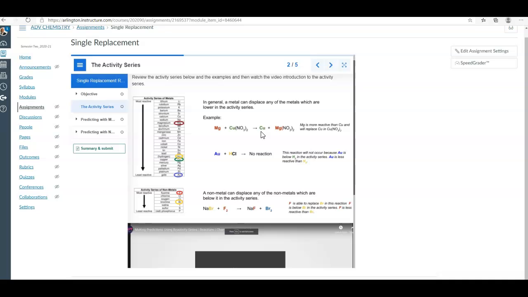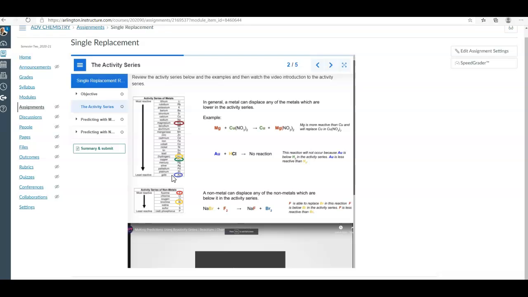Now, when you compare it to the second reaction, you could see gold reacting with hydrochloric acid. So what it means is that if you pour hydrochloric acid on gold, nothing is going to happen. Why? Because gold is below hydrogen in the activity series.